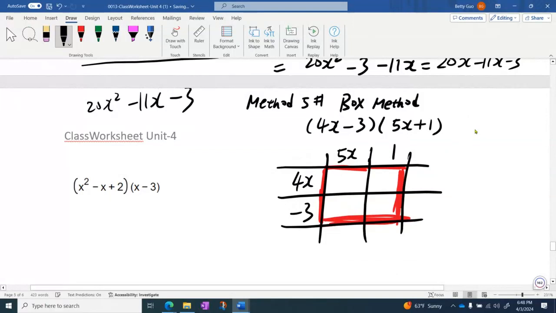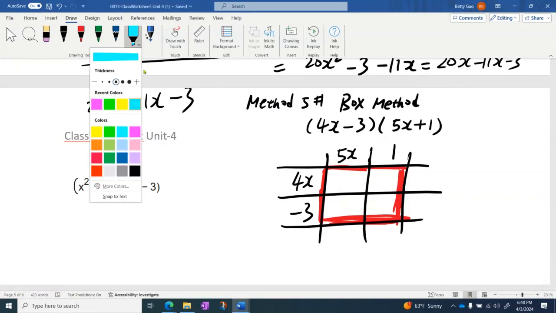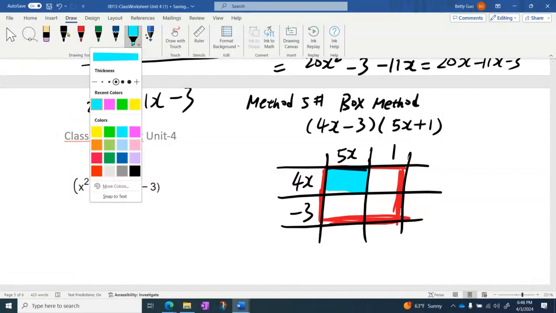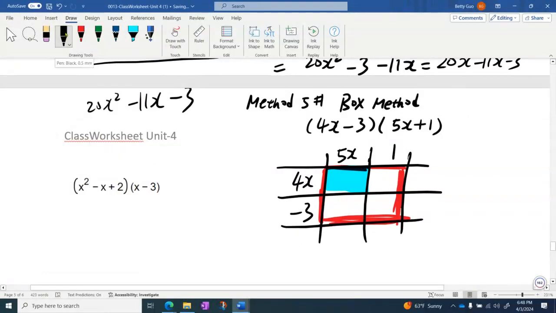And then we are going to multiply. I'm changing the color. In the blue cell, the first row and the first column, we are going to have the multiplication of 4x and 5x. As you can see, the blue is the intersection of 4x and 5x.